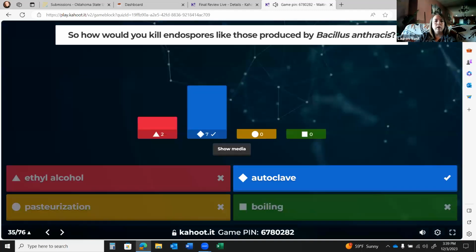All right, so autoclave is the only one of these choices given that actually sterilizes, which means it will kill everything, including the endospores. Now we do remember, and I'll mention just one more time, prions aren't killed by traditional autoclave. You have to go much higher temperature, 135 instead of 121 degrees Celsius, right?